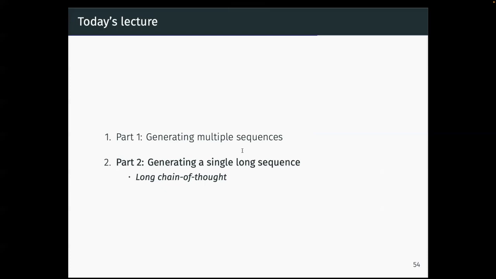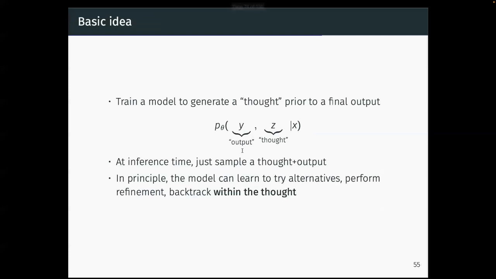And this sometimes goes by the name of long chain of thought. So here, the basic idea is that we're going to train a model so that it generates this thought prior to a final output. And then at inference time, we don't use a sophisticated strategy like tree search or refinement or even parallel sampling.